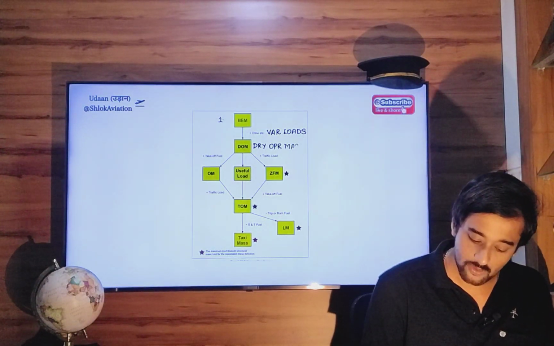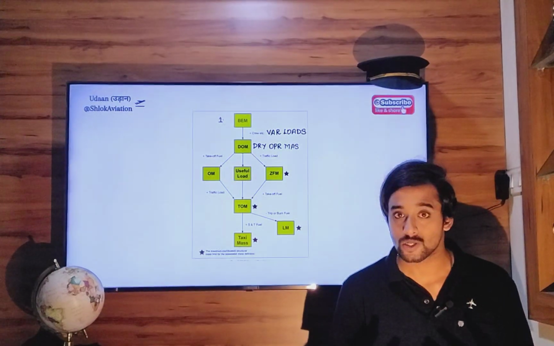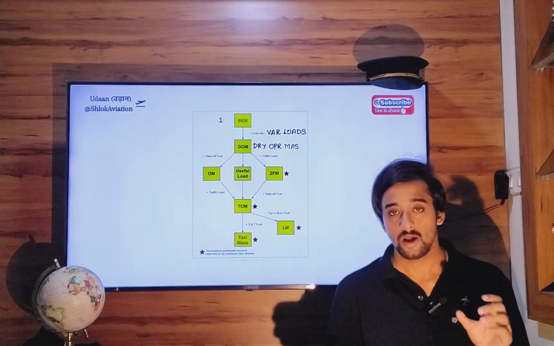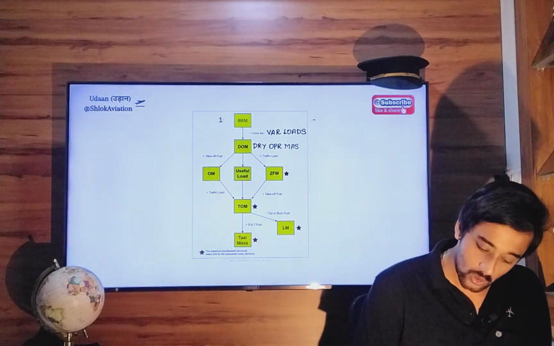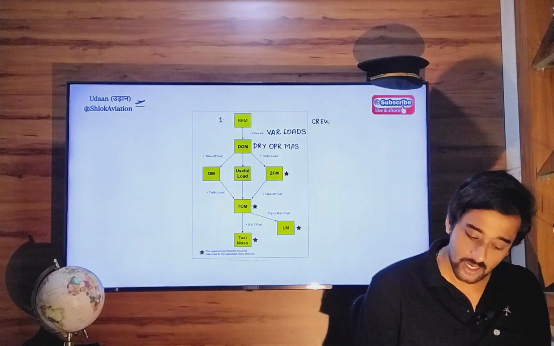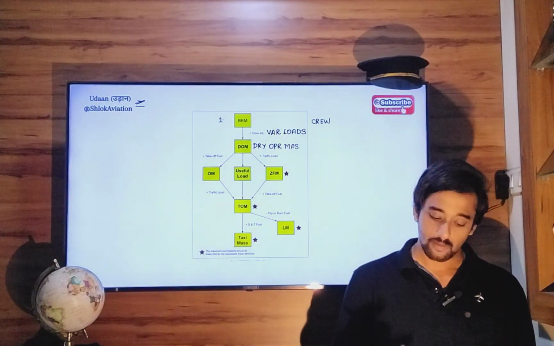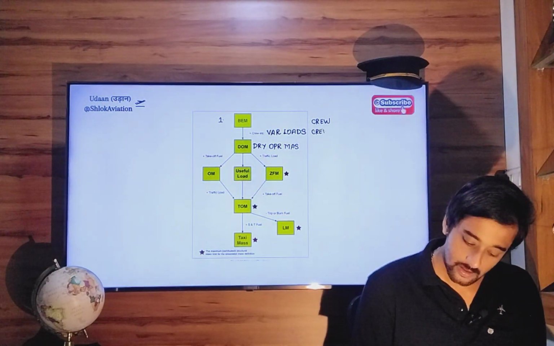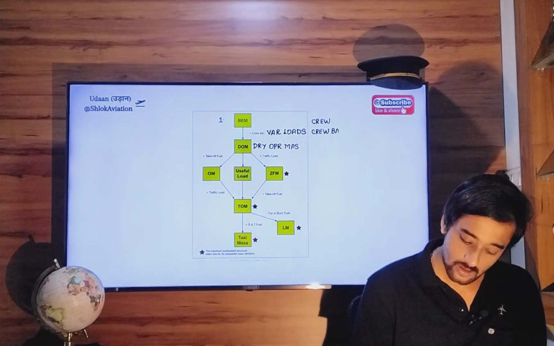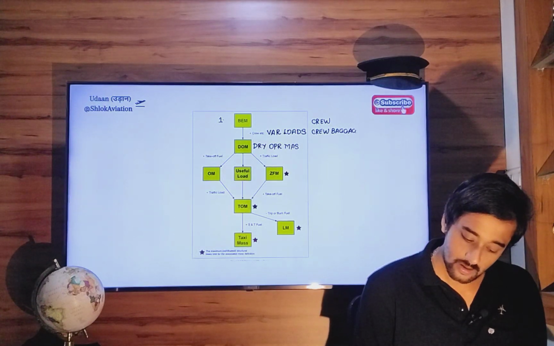Now, what are variable loads? Variable loads is a common term for many items, such as the weight of crew, so the pilots, the cabin crew, crew baggage, right?